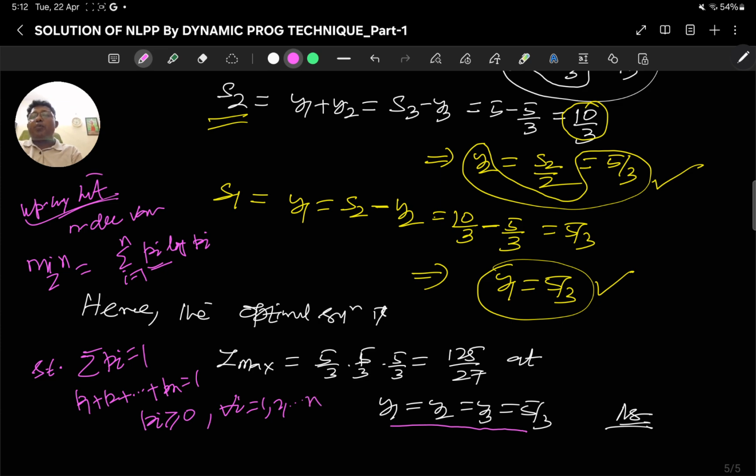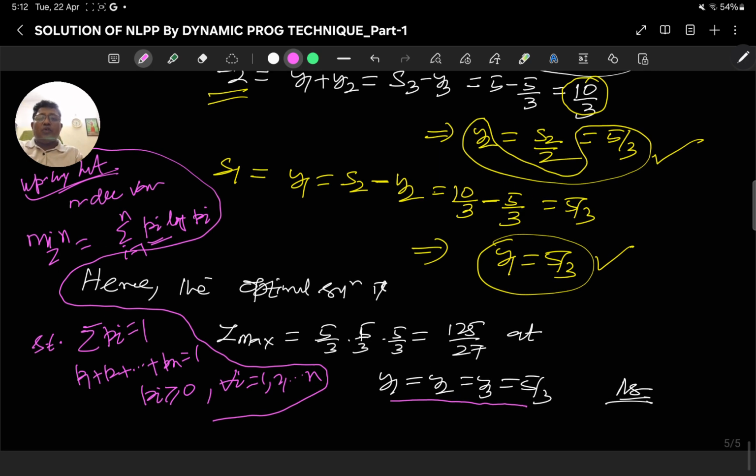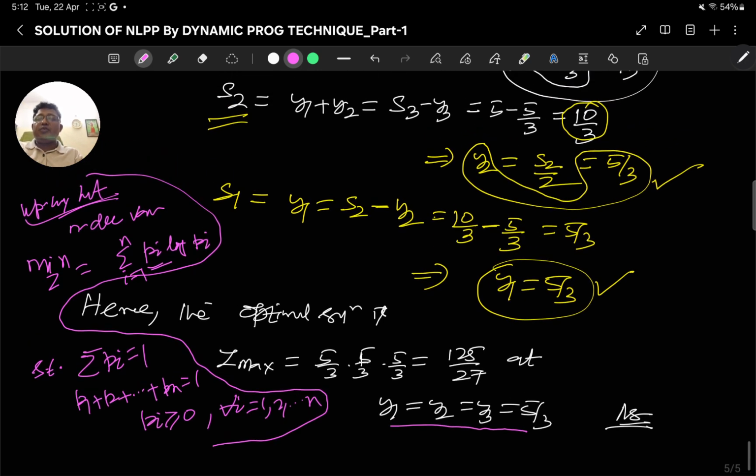For this type of problem with n decision variables, you can see any standard reference book. Also in my part 2 lecture I will discuss this type of problem.